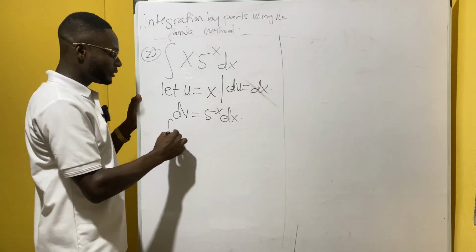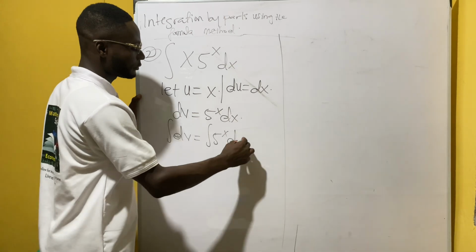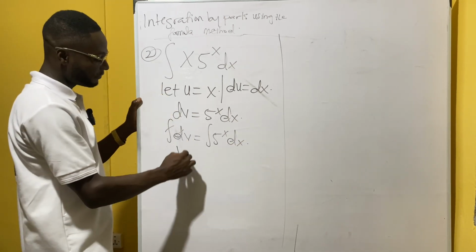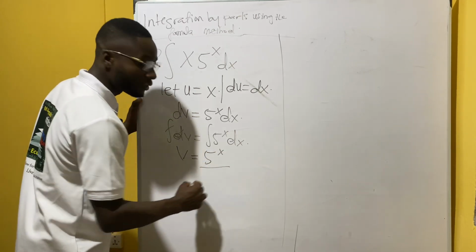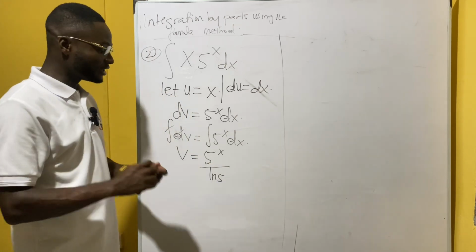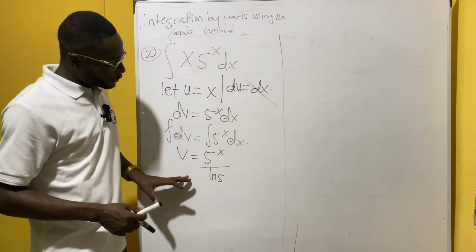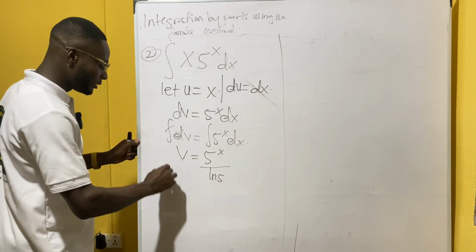So we integrate both sides, right? And then we have v equals 5 power x all on ln 5 plus a constant of integration, but we don't need it at this point. Good. Now we have all the parameters, so we can state our formula.